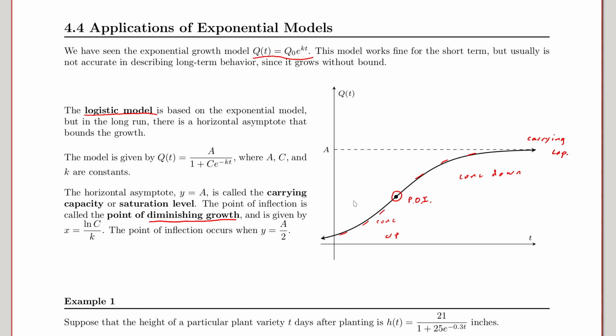And so I'm using a slightly simplified version of the formula you might find in the book. They make it a little more complicated than it needs to be, so this will suit our purposes just fine. One of the nice properties about the logistic model is that the point of inflection always occurs at half of the carrying capacity.